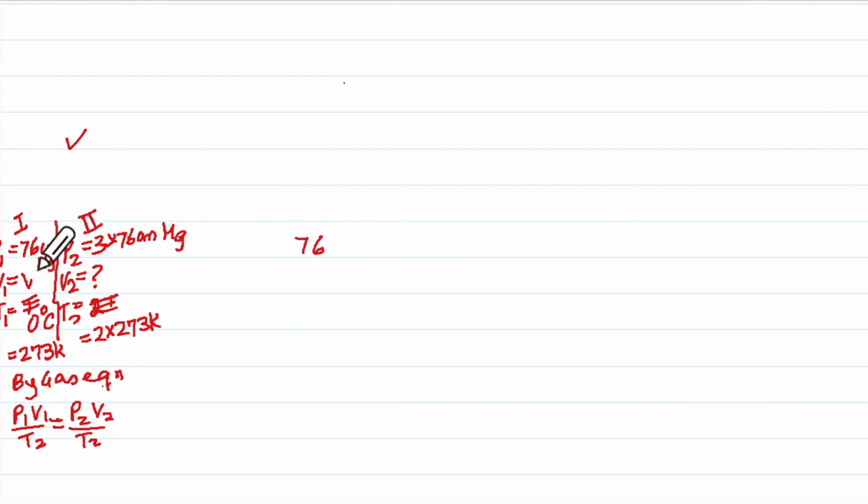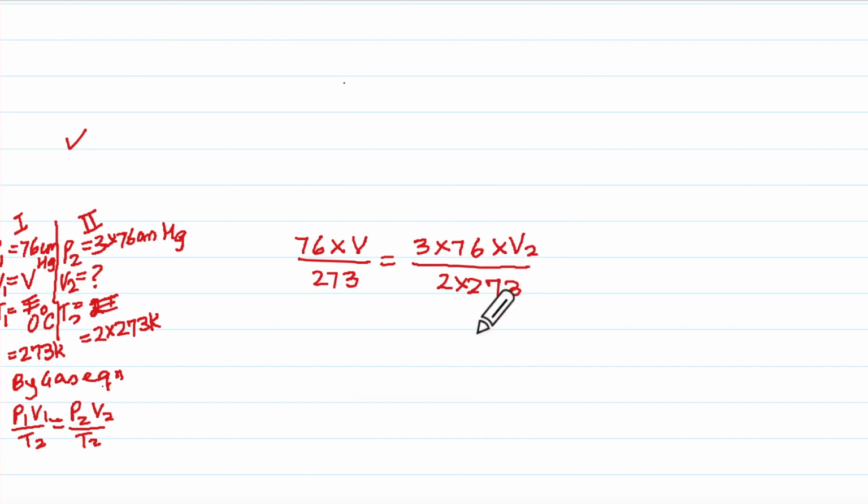I will write V1 as V. So 76 into V upon 273 equal to 3 into 76 into V2 upon 2 into 273. So V2 we keep here.